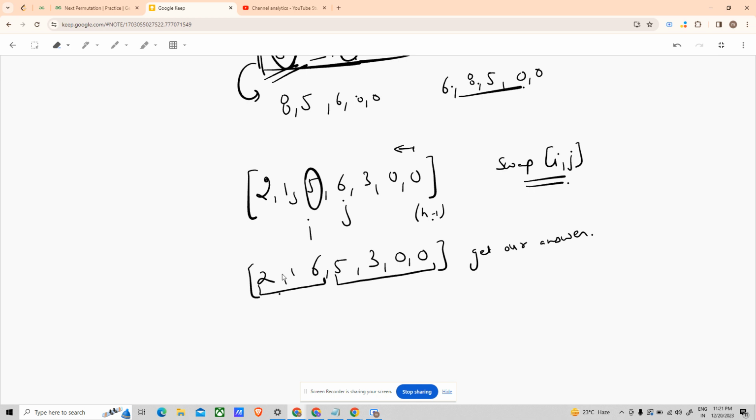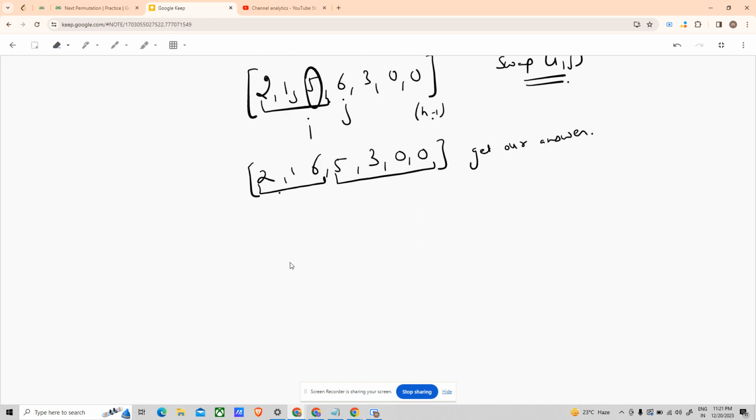Now since any sequence starting from 216 is greater than any sequence starting from 215, what I'm saying is 216 dot dot dot is always greater than 215 dot dot dot. Simple decimal maths. Okay. So I have to find just next, just greater.